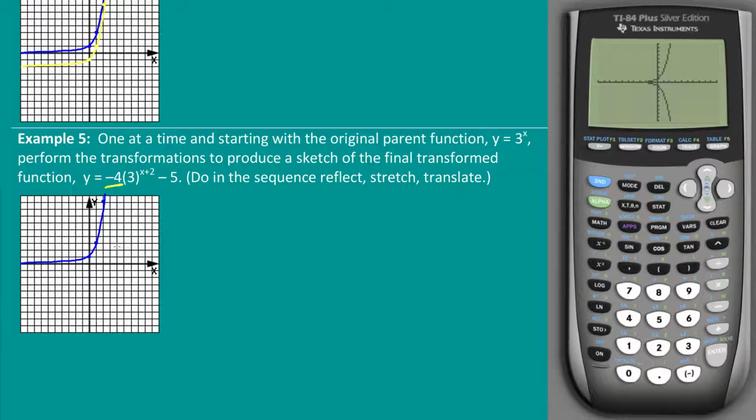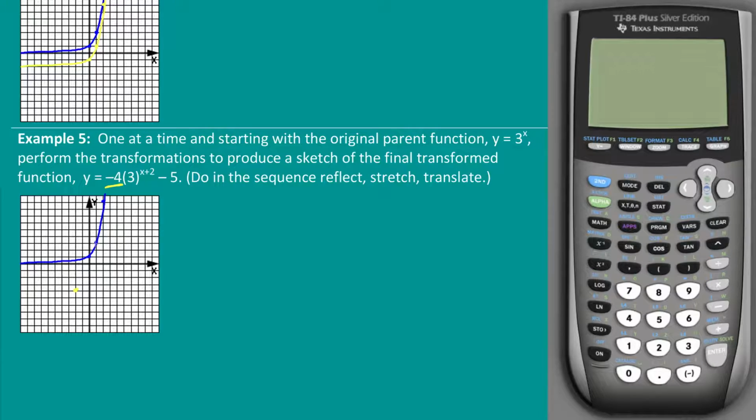So that means it's going to flip over the x-axis. It's also going to stretch. It's going to shift over to the left 2 and down 5. So this point right here is going to shift to the left 2 and then down 5. 1, 2, 3, 4, 5. And again, it's going to open down.